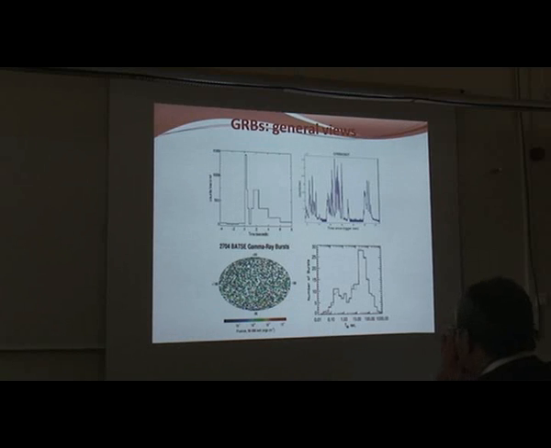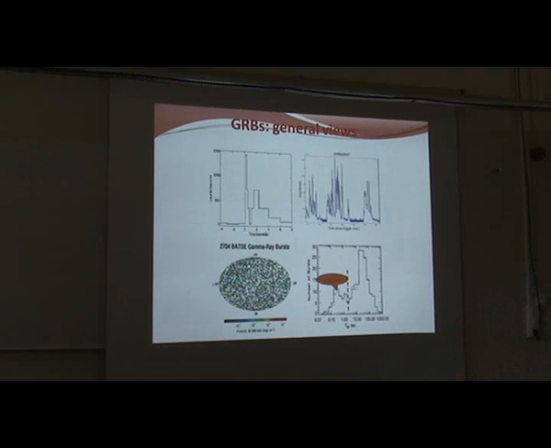Statistically, GRBs are distributed isotropically on the sky map. According to their duration, GRBs can be divided into two subgroups. One is the short burst with a typical duration of about 0.2 seconds, and the other is the long burst with a typical duration of about 20 seconds.